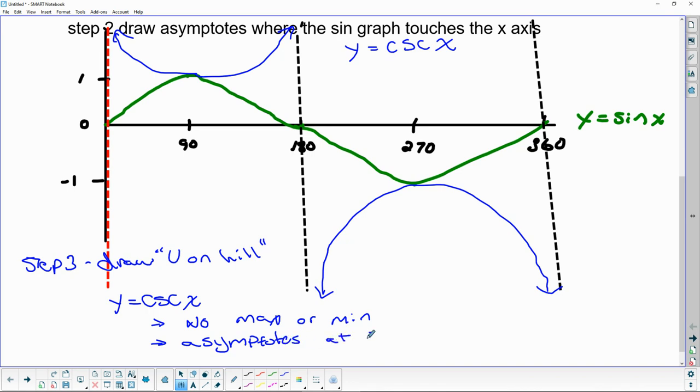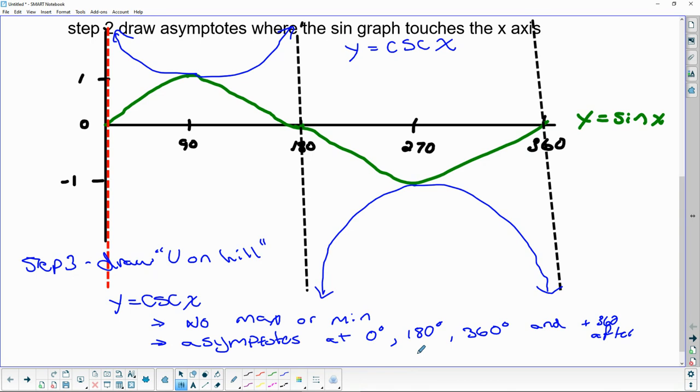We could say that there are asymptotes at 0 degrees, 180 degrees, and 360, and then every 360 after that. If you add 360 to 180 or 360 to 360, there'd be asymptotes there.